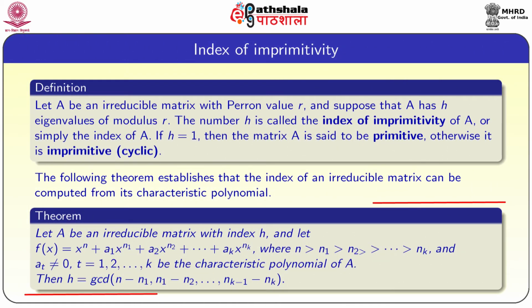The theorem statement is: let A be an irreducible matrix with index h, and let f of x equal to x^n plus a1 x^n1 plus a2 x^n2 and so on plus ak x^nk, where n is greater than n1 greater than n2 and so on greater than nk, and at is not equal to 0 for t equal to 1, 2, 3 and so on k, be the characteristic polynomial of A, then h is equal to GCD of n minus n1, n1 minus n2 and so on, nk minus 1 minus nk.